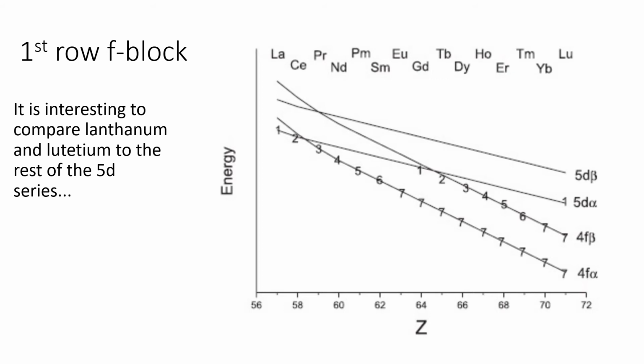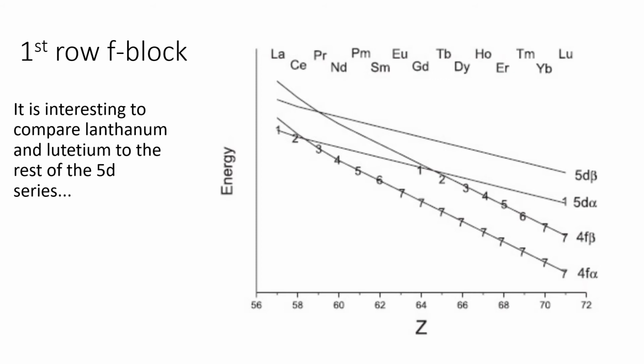Another success with the Rich and Suter diagrams can be found in the f block at the bottom of the periodic table. The first row of the f block, these are the so-called lanthanide elements, sometimes called the rare earths. And again here, remarkably, the electron configurations are as observed every single time.